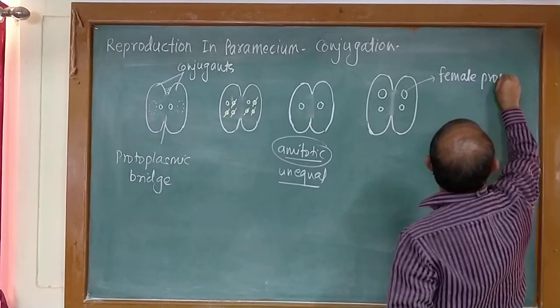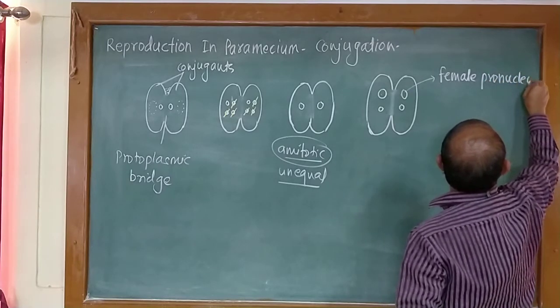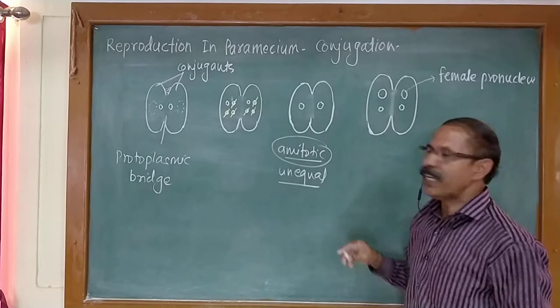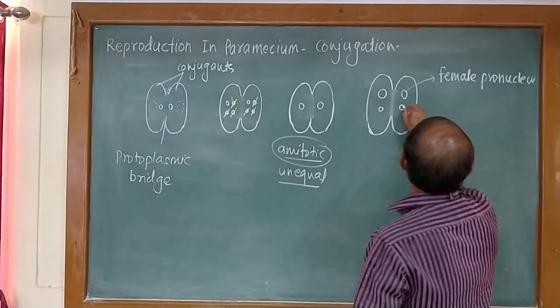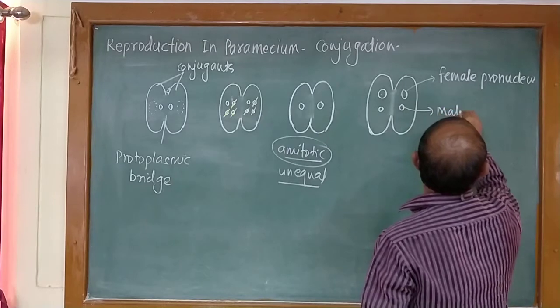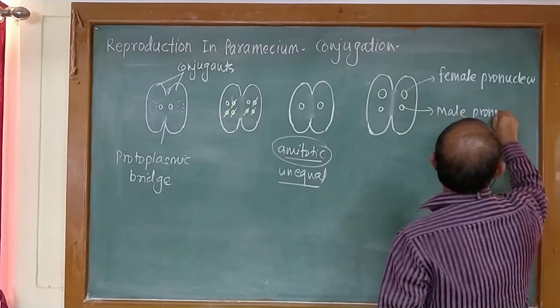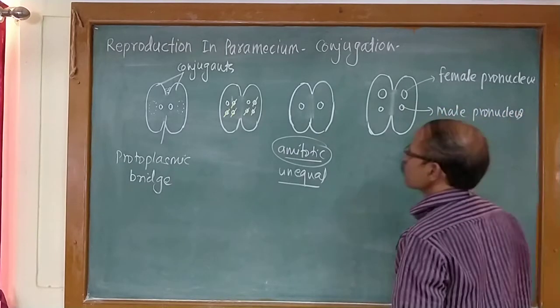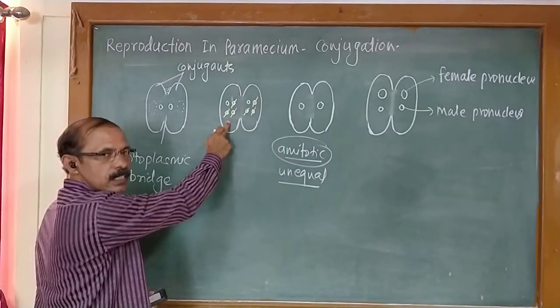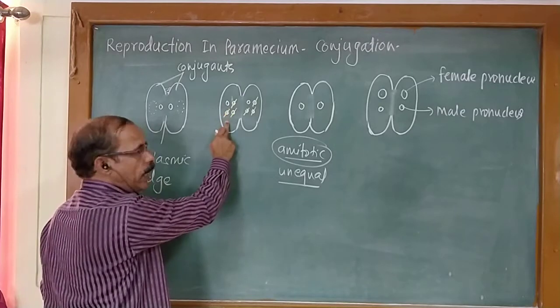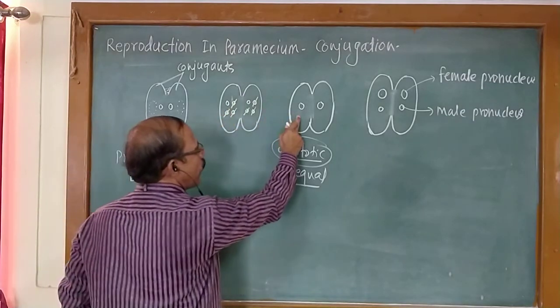The smaller one is active and migratory, and is called the male pronucleus. See once again: the meganucleus disintegrated, the micronucleus divided twice, 4 micronuclei formed, 3 degenerated and 1 remained.